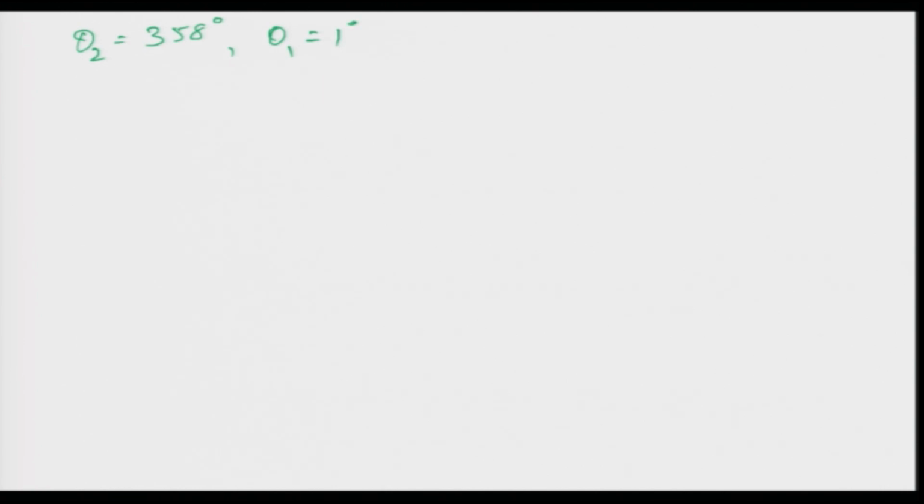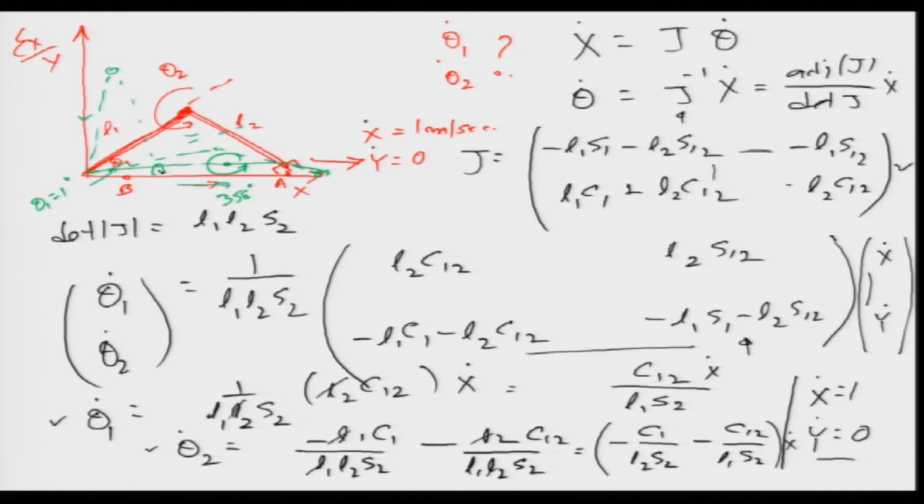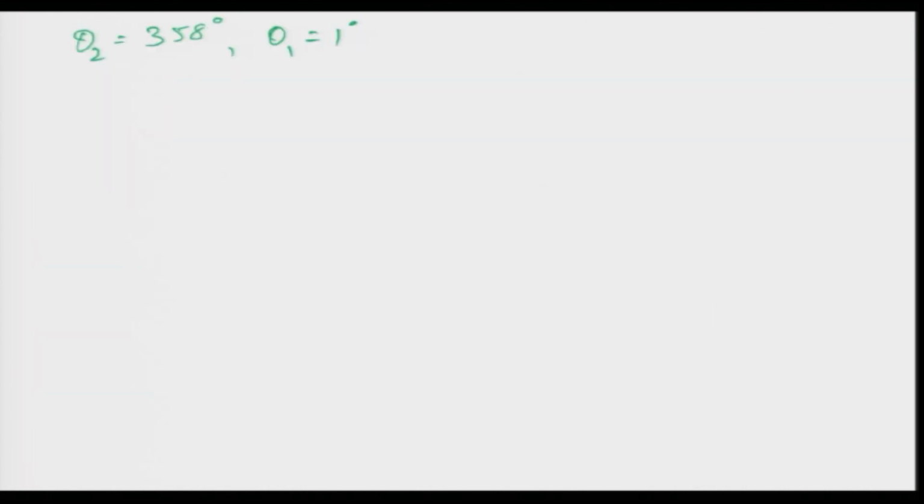So, what we need to do is simply take the values of θ1 and θ2 and put them in this expression. First expression is here, second expression is there, and we will get the corresponding values of the joint velocities. If you do that, what we find is θ1 dot comes out to be 95 radians per second, and θ2 dot comes out to be 191 radians per second.